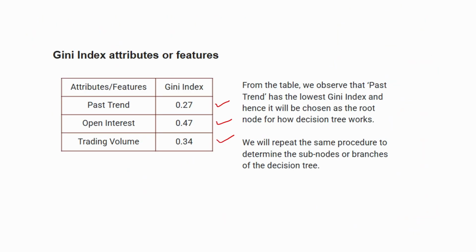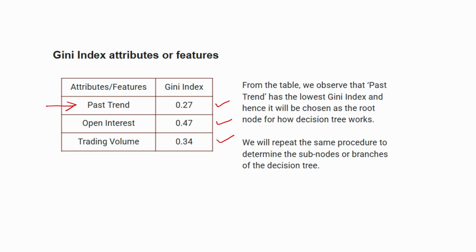So now compare the Gini index of all these three features. Based on the attribute selection measure, the feature which gives you the minimum Gini index has to be chosen as the selection criteria, meaning it is taken as the root node. Out of these, the past trend has the minimum Gini index, so you will choose past trend as the root node.